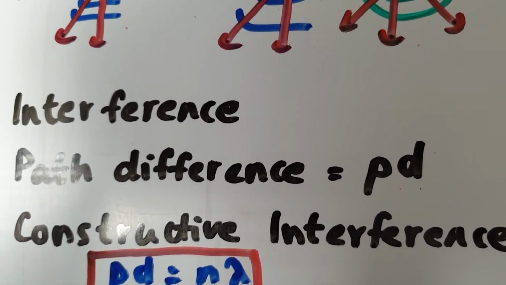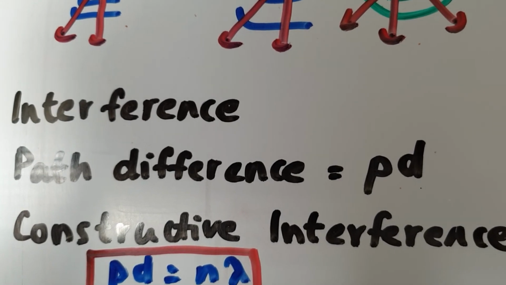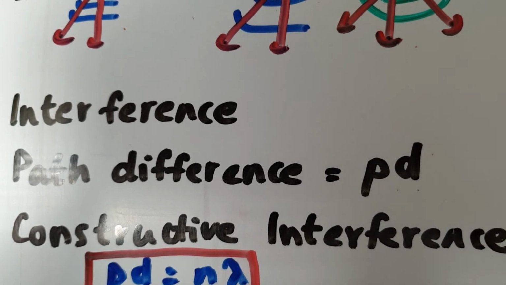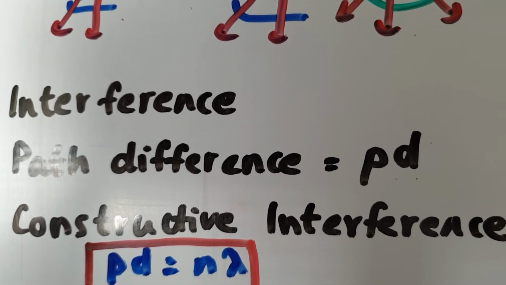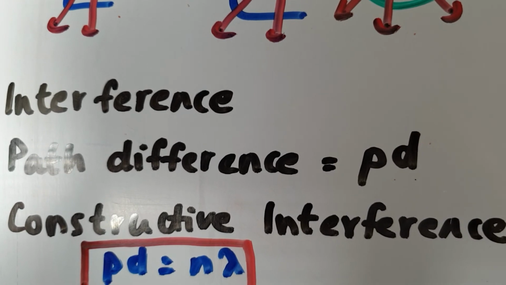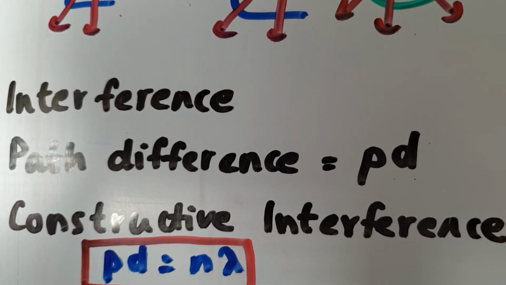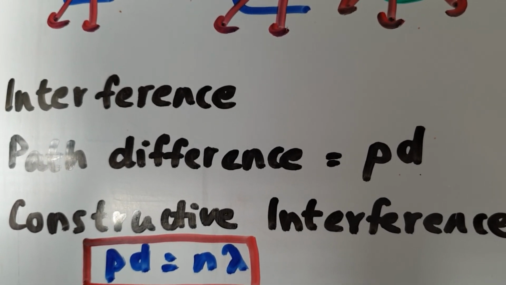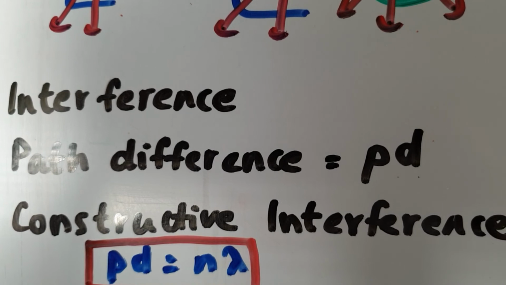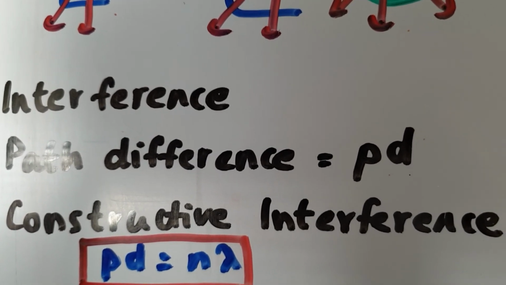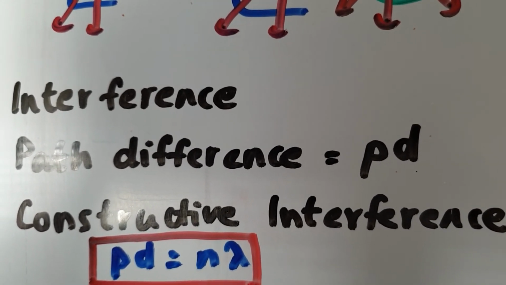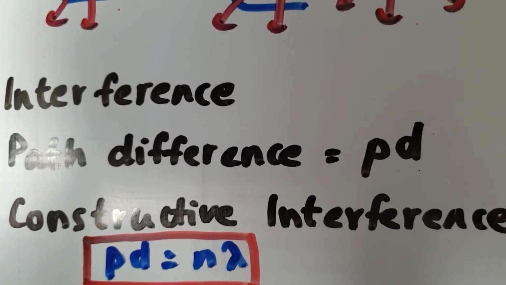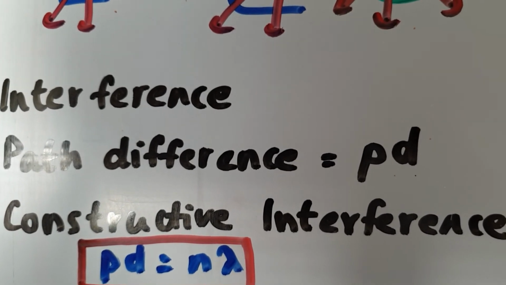This happens when the path difference, the difference in distance traveled by the waves, is a whole number of wavelengths. So path difference is measured in terms of wavelengths. N stands for the order number, and we'll talk more about that in tomorrow's lesson. But you might recall that constructive interference results in what we call antinodal lines. So antinodes are areas of constructive interference, and if the waves are two-dimensional, then you have antinodal lines.